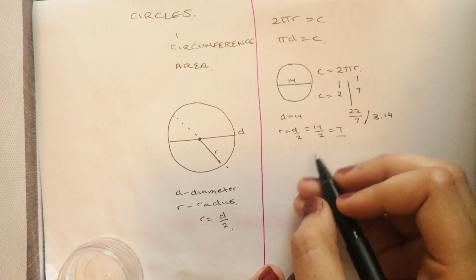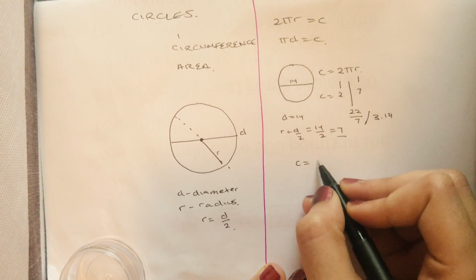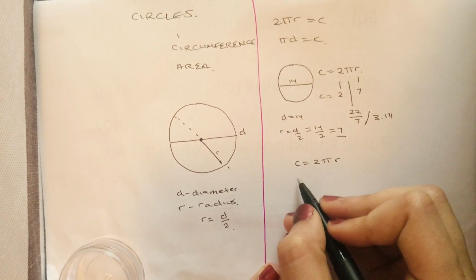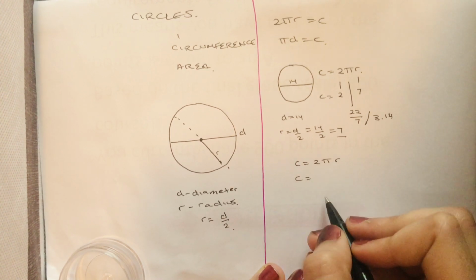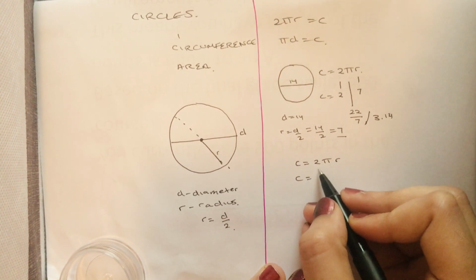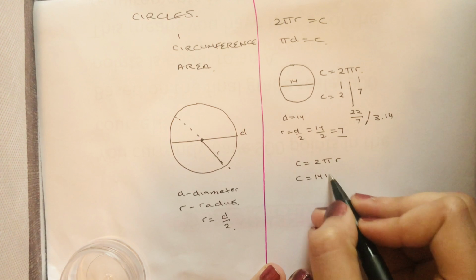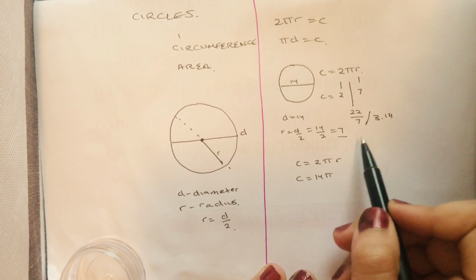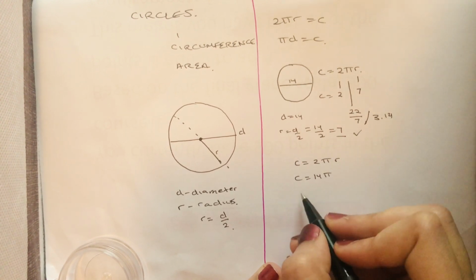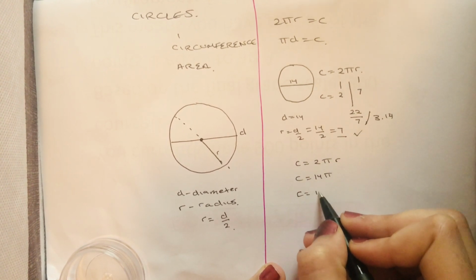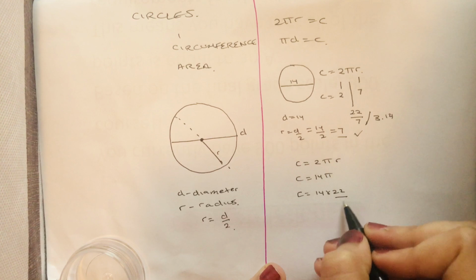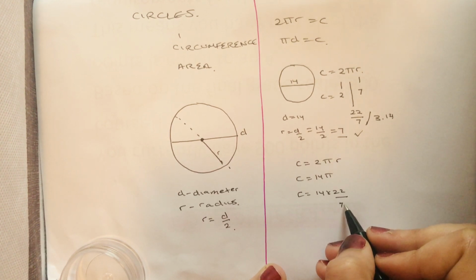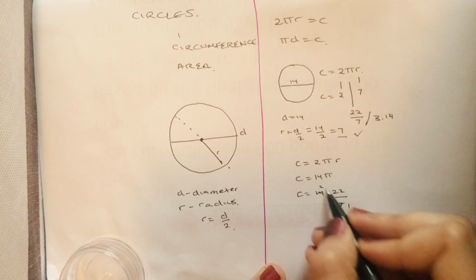For example, right now I have circumference is equal to 2 pi r, and then I have my radius is 7, so now I have 7 times 2, that is 14 pi. Now if I have to decide between these, I'll choose 22 over 7 because it's easier to simplify. So circumference is equal to 14 times 22 over 7, and then 7 times 1 is 7 and 7 times 2 is 14.